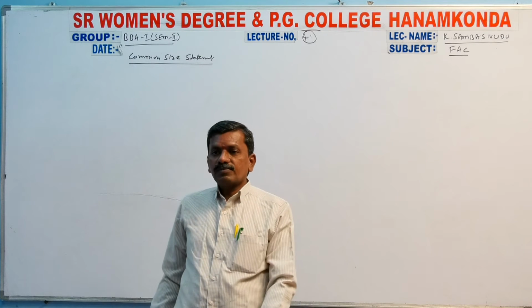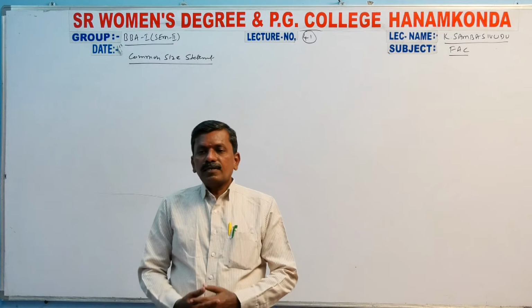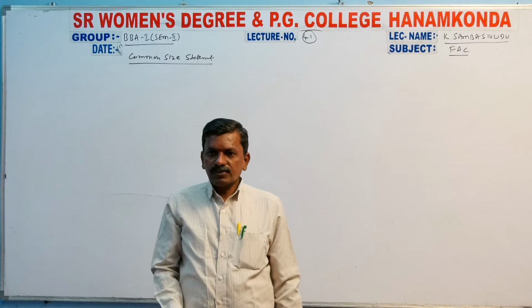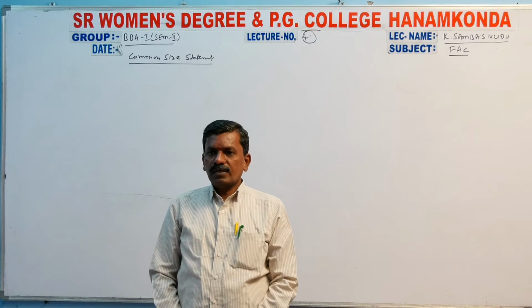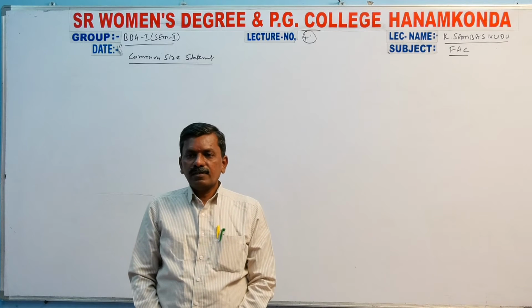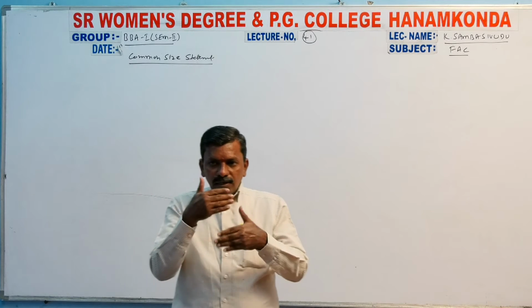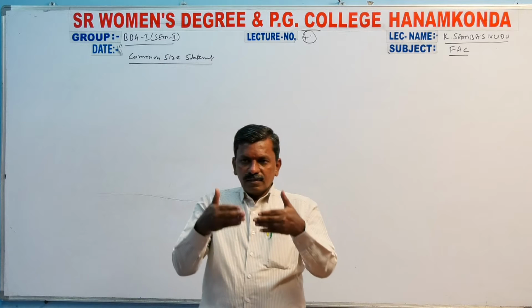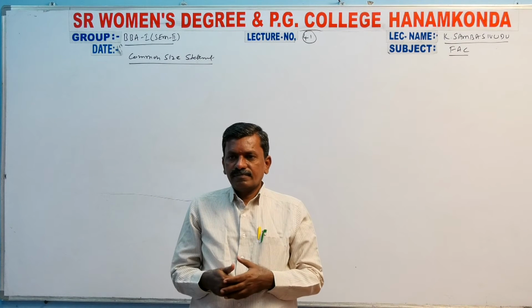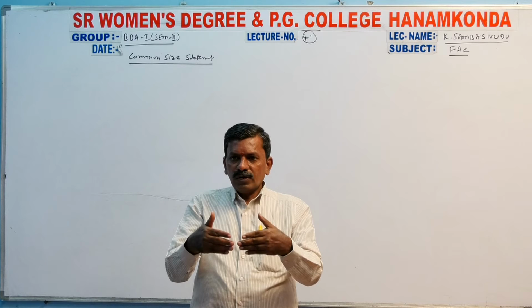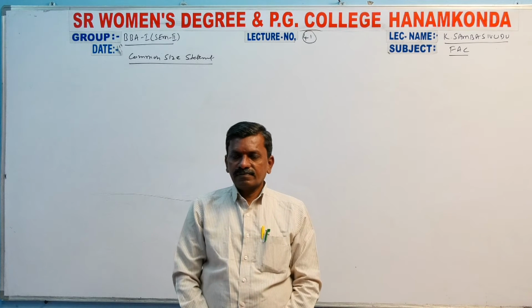Suppose in the income statement, you have to prepare the income statement from sales to last, what we are getting, the net loss or net profit, then the total expenses. The cost of goods sold, what is the percentage in sales? The gross profit, what is the percentage in sales?